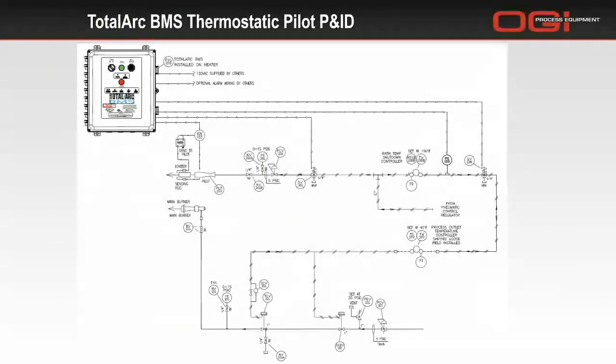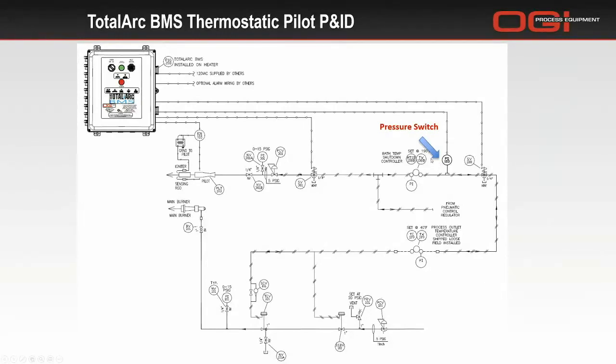So what we're going to do now is a quick, brief evaluation of this PNID for this thermostatic pilot operation. Here is a very reduced version of the PNID, and here's where we get the supply gas of our controls. In this particular condition, we will have to go through the high bath temperature shutdown to be able to get pressure to this section here, which is the pneumatic pressure switch that the TotalArc burner management system uses.